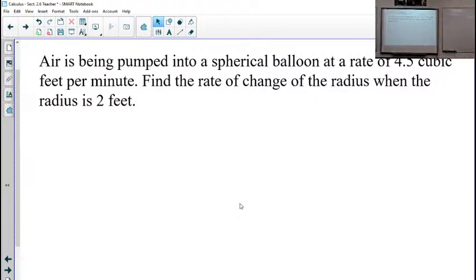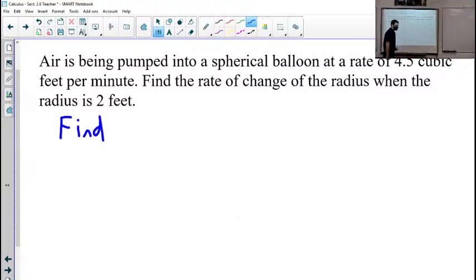This one will be a little bit trickier because we'll actually have to solve an equation. What are we finding?